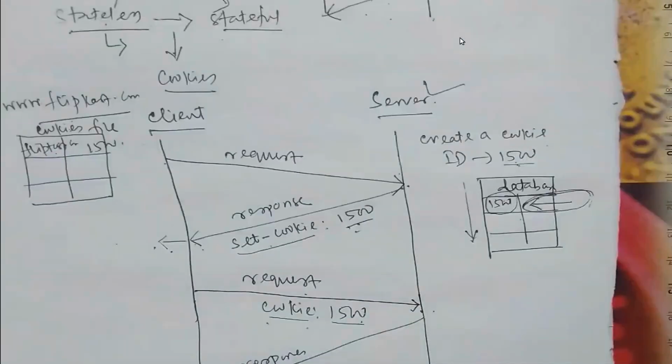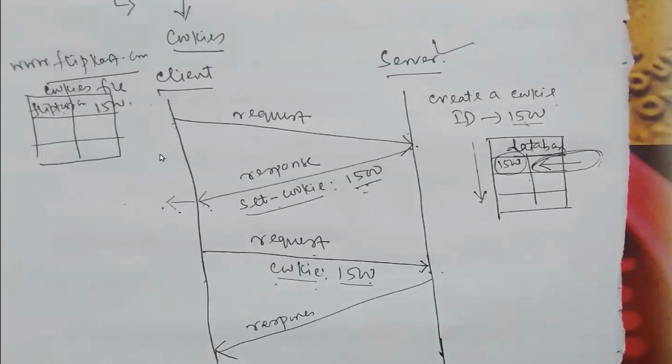Is it understood, cookies? Does anybody have any doubt? By using cookies it is possible to change this behavior of HTTP from stateless to stateful. But originally, if somebody asks you whether HTTP is stateful or stateless, you have to say that it is stateless. Flipkart.com तो बोलेगा आपको cookie save करने के लिए first time.